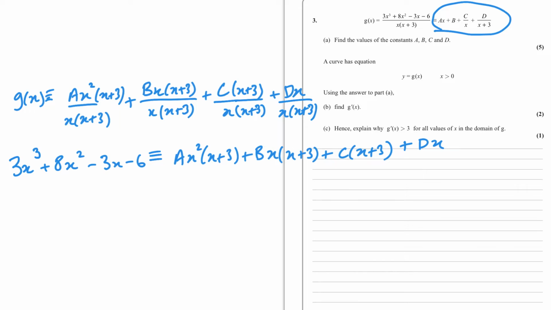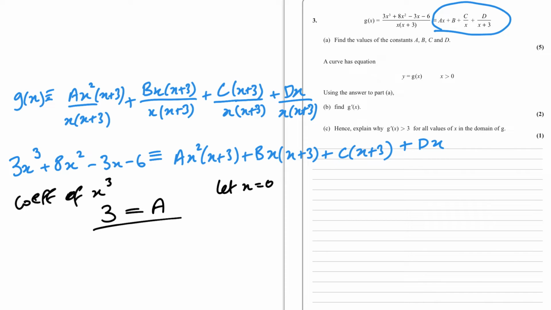Now what I'm going to do is first look at the coefficients of x cubed. So on the left that just leaves me with 3, and on the right the only way to make x cubed is ax squared times x, which is ax cubed, so just a. And that's my first one. Now I'm going to substitute in x equals 0, as that will give me a letter for c.